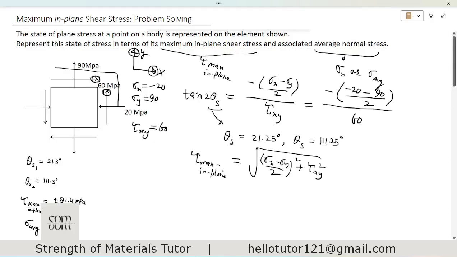But the problem is the same as in the principal stress formula, and the same problem with the tau max in plane formula. If we use this, we will get the maximum in-plane shear stress, but we don't know which stress exists on which plane. So we will not use this formula. We will use the basic formula of the shear stress on an oblique plane, and we will use this angle.